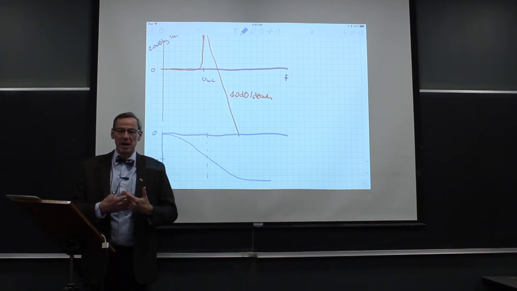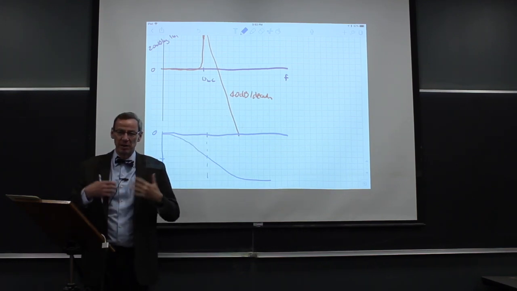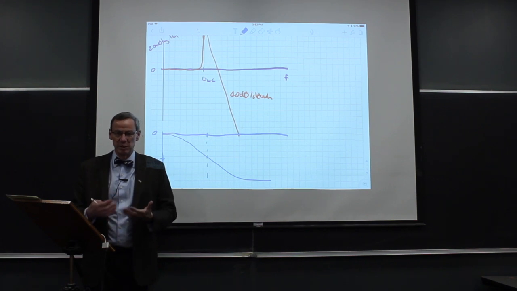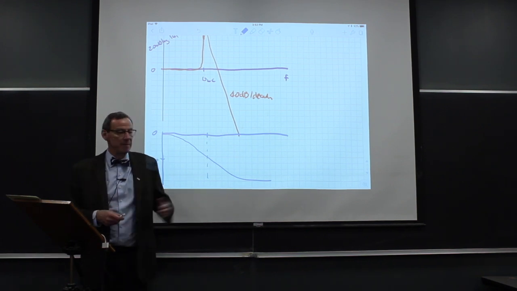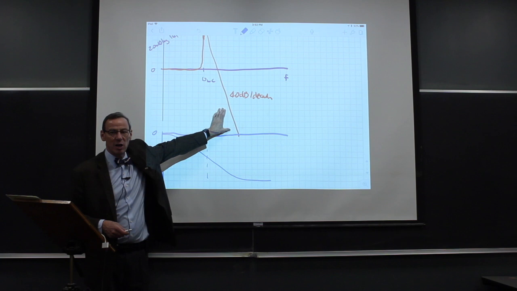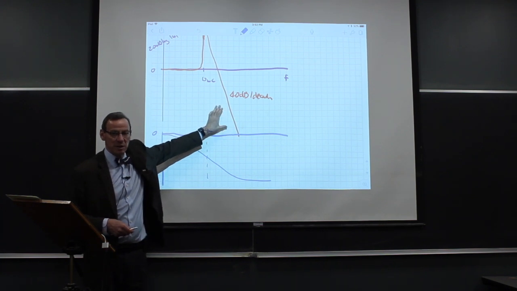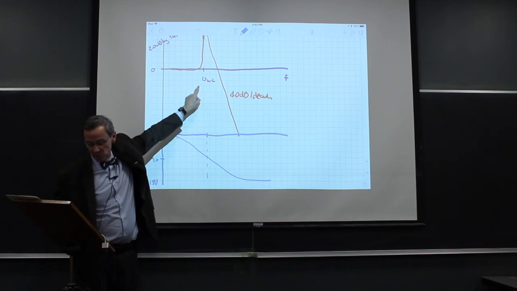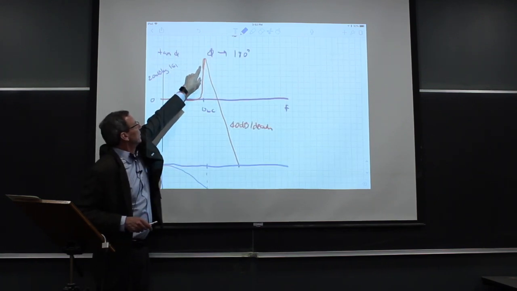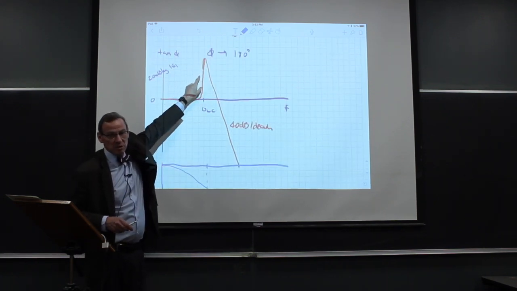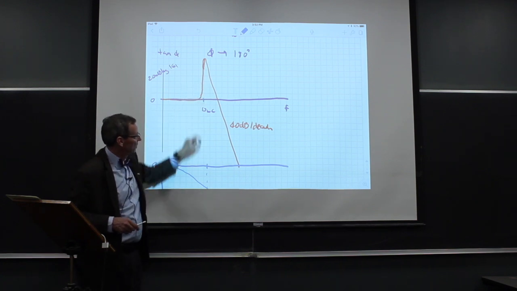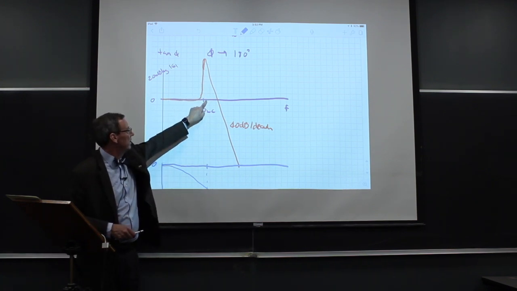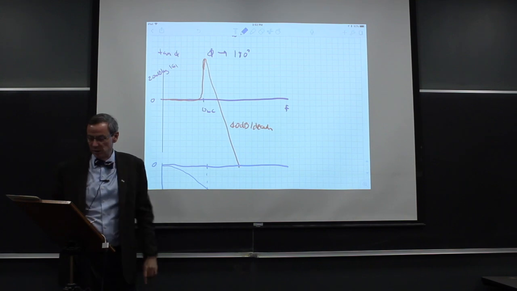That's different from the high pass and low pass filters, where we fell off like 1 over the frequency or rose with frequency. So this is a sharper cutoff, which might be good, so you can get a better filter. And then you have the region where the gain can be very, very large, so you can get a big output signal from a small input signal at this characteristic frequency.